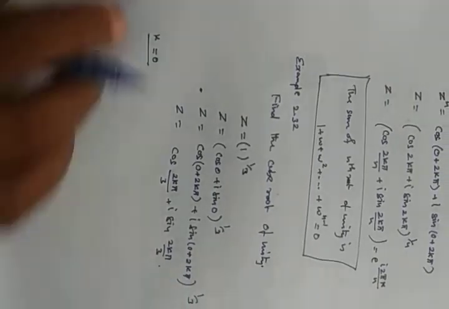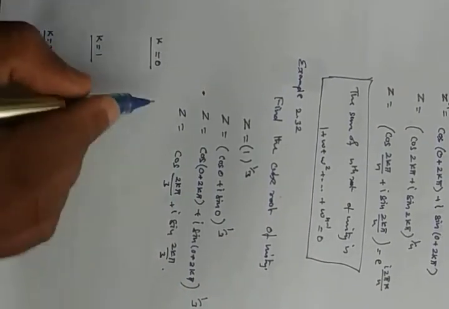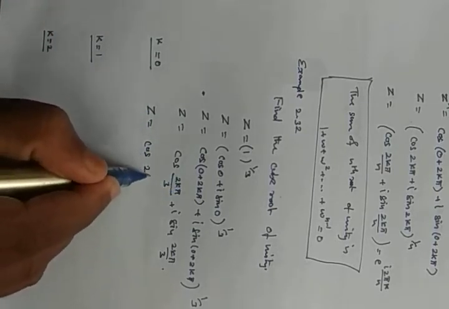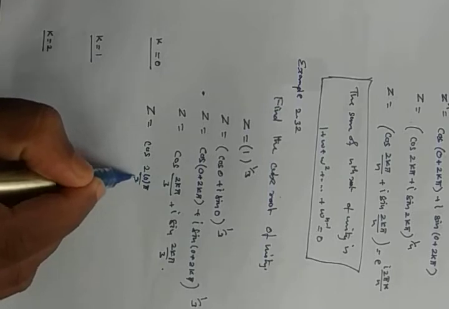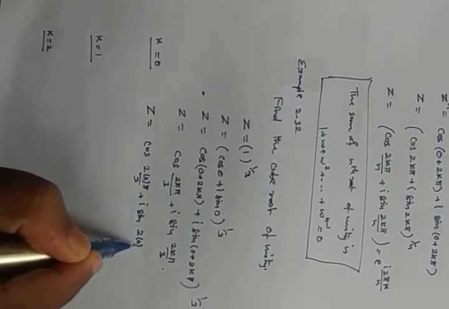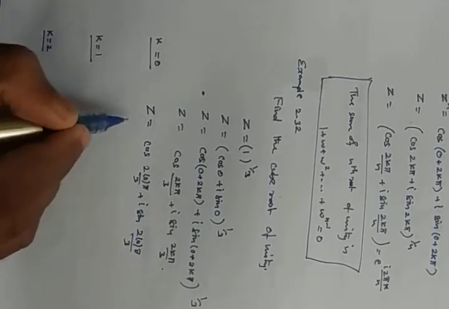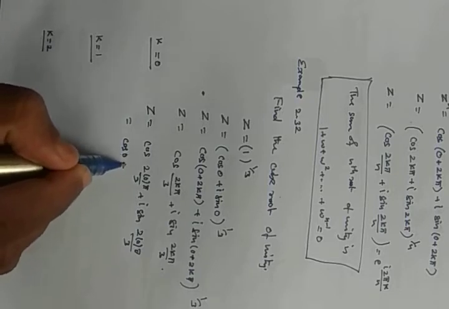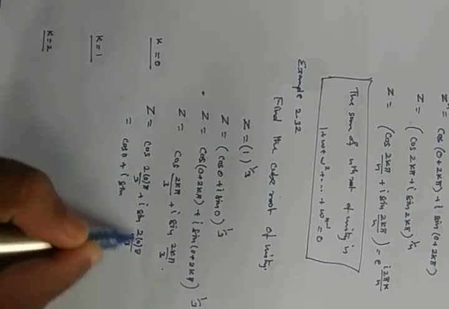If you put k equal to 0, what will the z value be? z equals cos(2 × 0 × π/3) + i sin(2 × 0 × π/3). For understanding purposes I am writing this out, or else you can write the value straight away. 0 into anything is 0, so this is cos 0 + i sin 0.